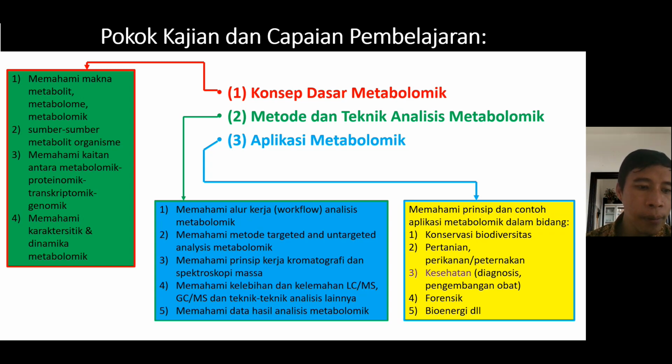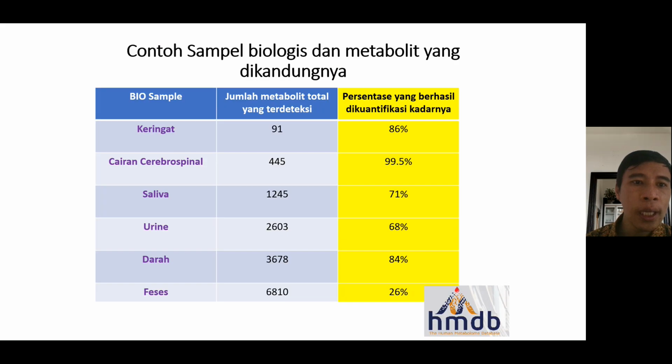So now let's start from this story. Previously I have explained that in our bodily fluids, there are many kinds of fluids, including sweat, cerebrospinal fluids, saliva, urine, blood, and even feces, composed of various kinds of metabolites that could dynamically change over time.